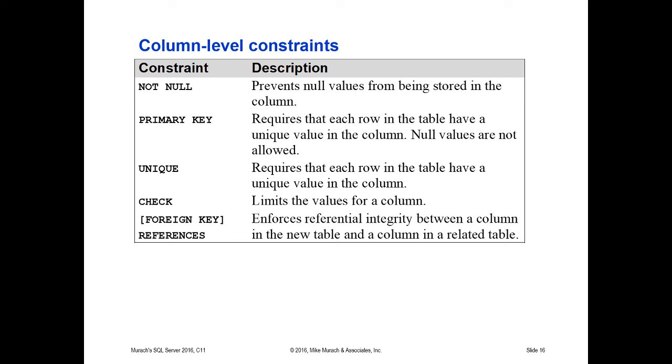That would be a check constraint. A foreign key constraint is one that we can create within a relationship that says that we must have a vendor in our vendor table that matches this key before we can insert an invoice. References is a keyword that creates that relationship between the two tables.